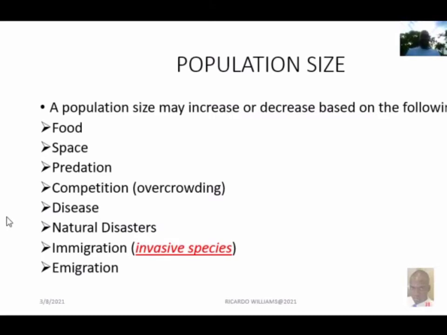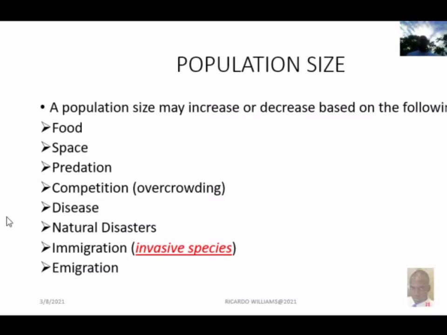Also space: if you have a lot of space, then you will have room for more individuals. So once you have space, the numbers will go up because there's adequate space to hold them.